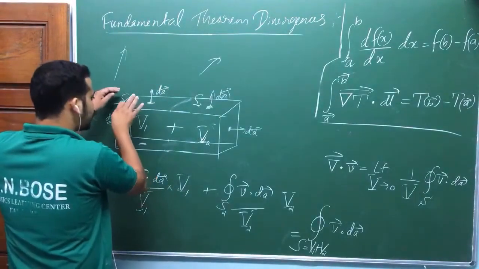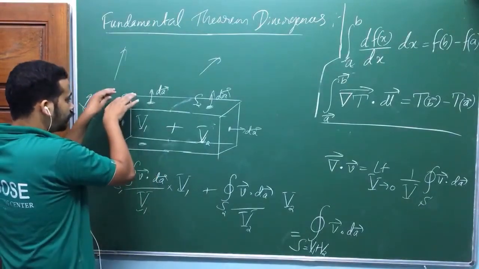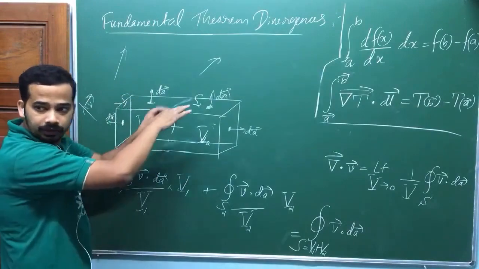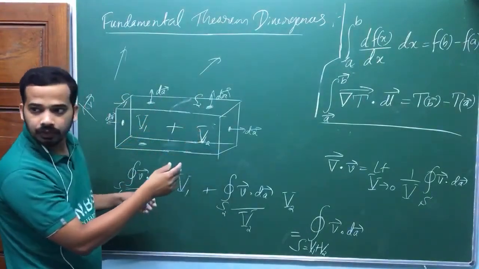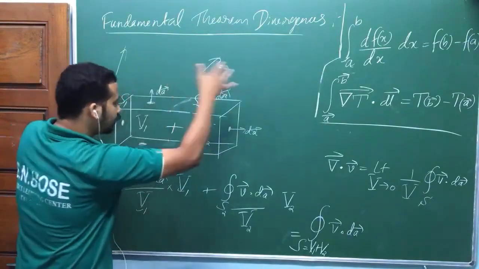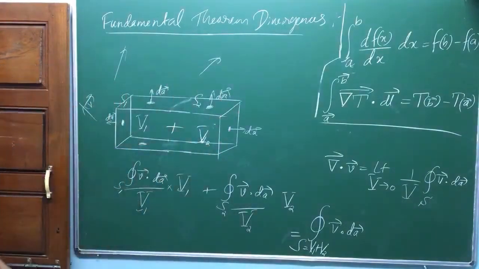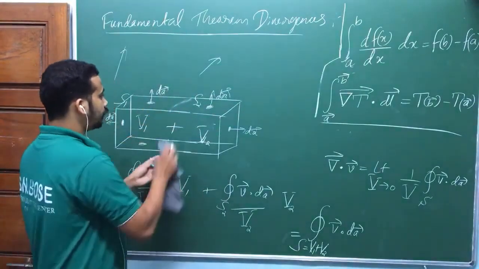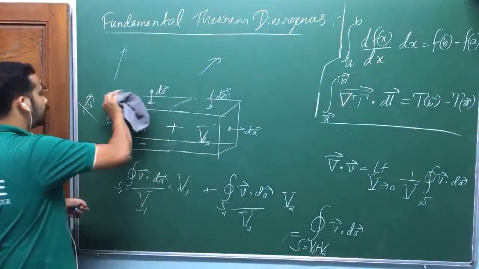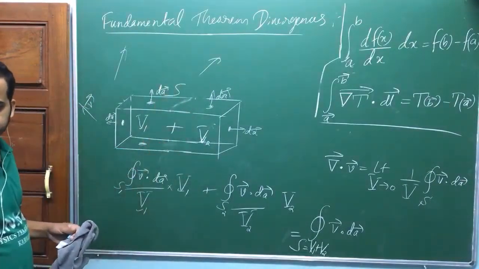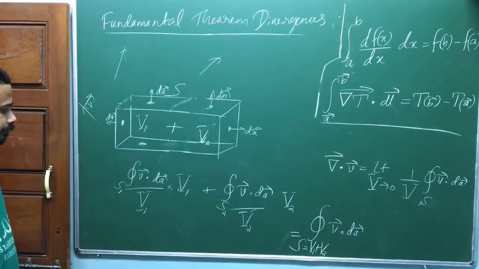S1 was the surface of cube V1, S2 was the surface of cube V2. Don't write S1 plus S2, but you can add V1 plus V2 and define a volume V. Now let me define a surface S. Speak out. So shall I move on with this logic?